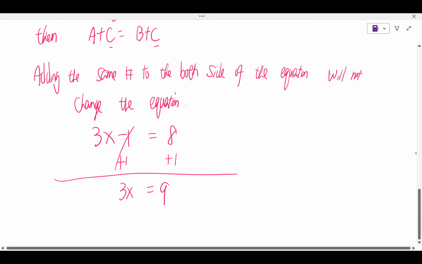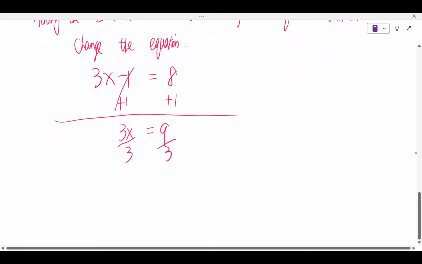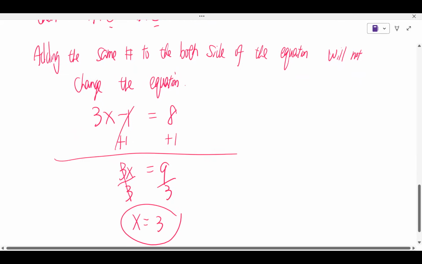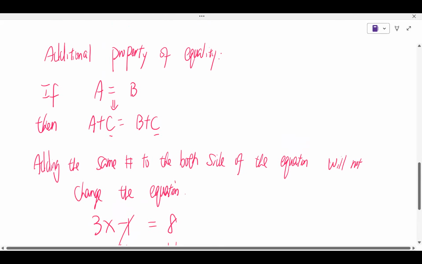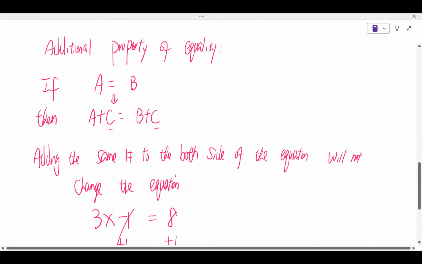From there, if we divide both sides by 3, we get the solution: x equals 9 divided by 3, that's 3. So that's how we apply the addition property of equality.